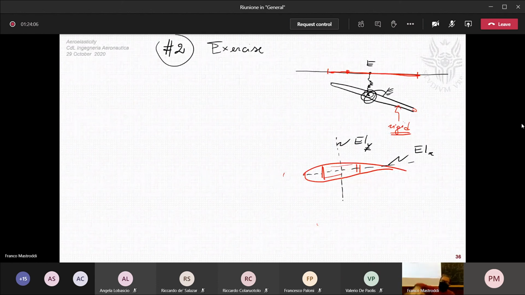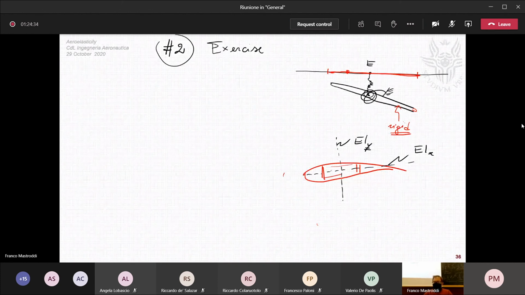You have an out of plane bending and an in plane bending. The in plane bending is a more rigid motion, and therefore we can assume practically the wing to be infinitely rigid in the plane. This is much stiffer with respect to this one here.